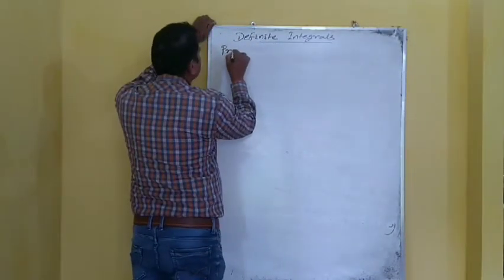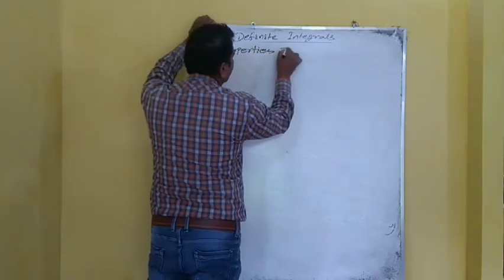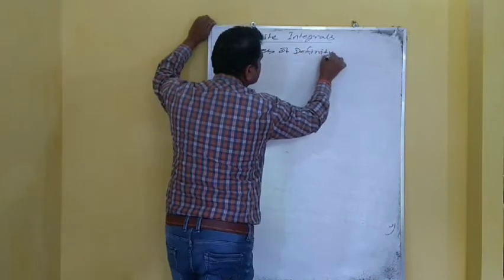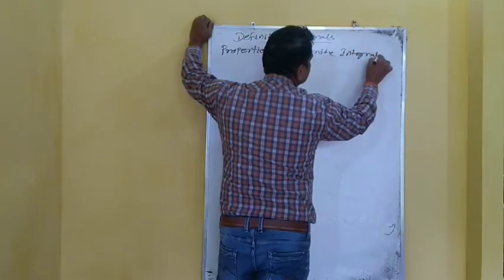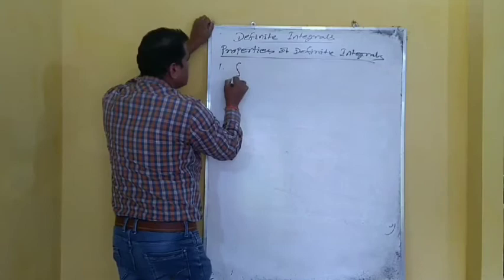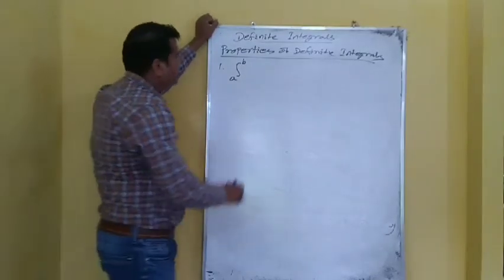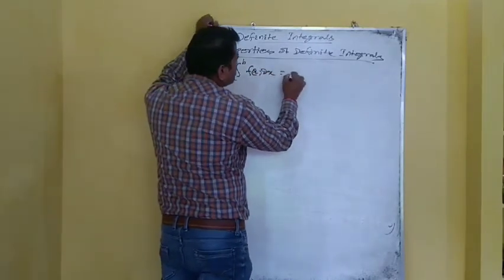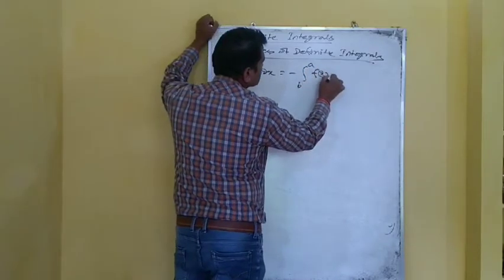The first property is: the integral from a to b of f of x dx is equal to minus the integral from b to a of f of x dx.